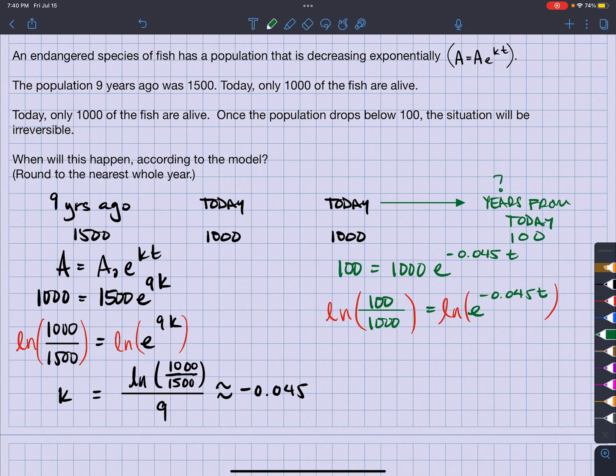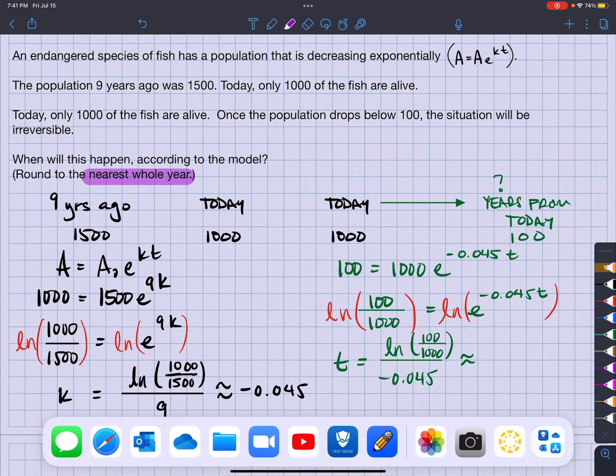So t is going to equal the ln of 100 divided by 1,000, divided by negative 0.045. I want to round it to the nearest whole year.